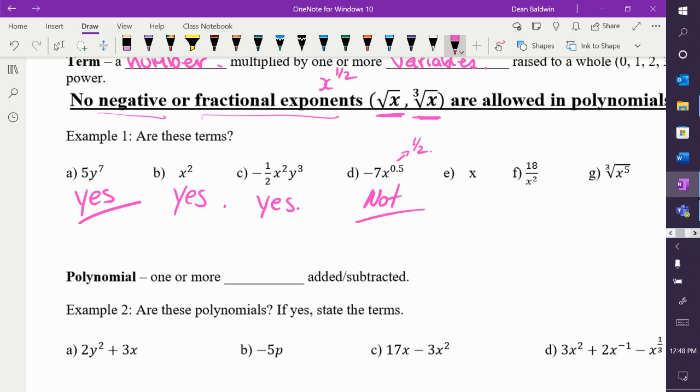What about e? What's the exponent on e? It's 1. Remember, if there's no number written, it is 1. So this is a term. What about f?